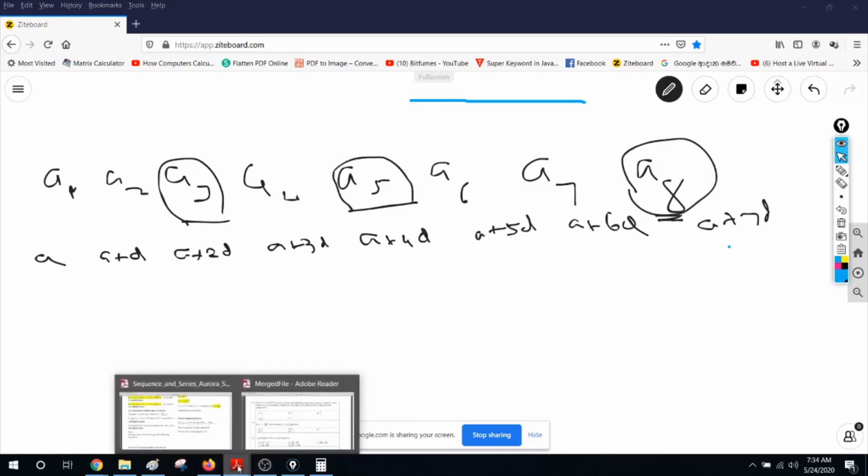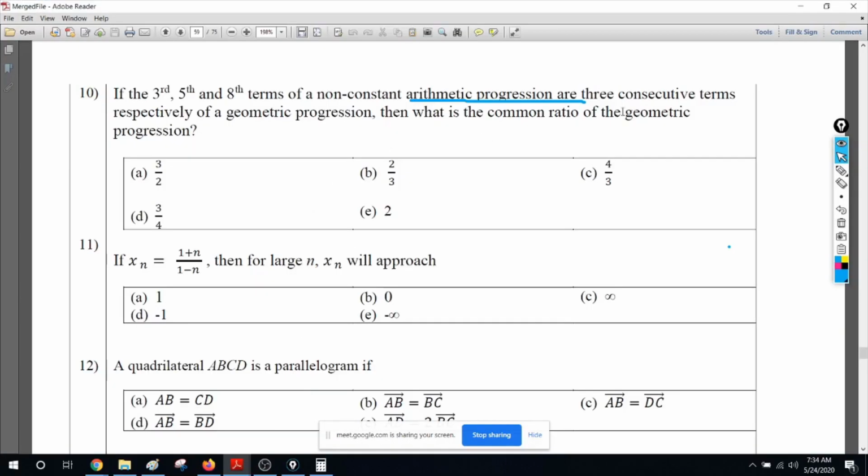And the question says three consecutive terms respectively of a geometric progression. Then what is the common ratio of the geometric progression?